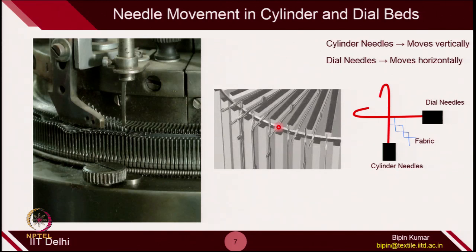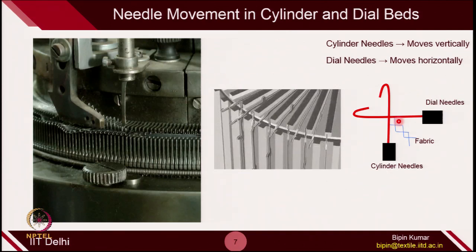The sinker belly did all those functions, and the sinker throat also pulled the fabric when the needle was rising. But here, whenever one set of needles is doing its action, the stems of the other needles provide such support. When a dial needle is moving forward, the loops are connected with the stems of the cylinder needles, and the stems of these needles do the function of sinkers.